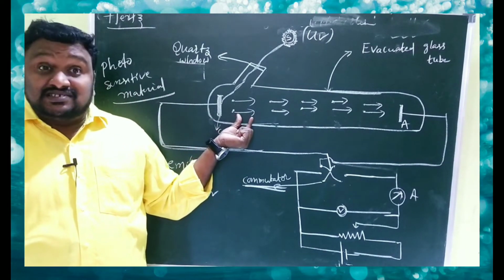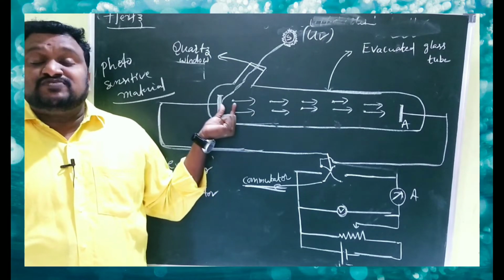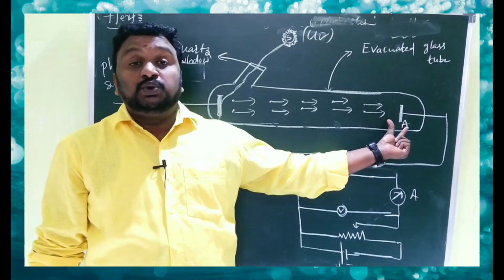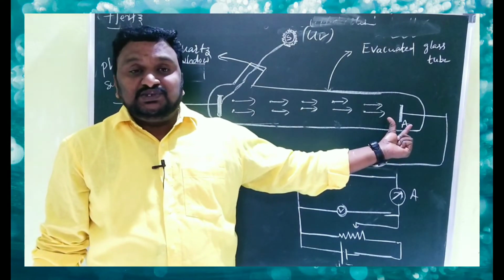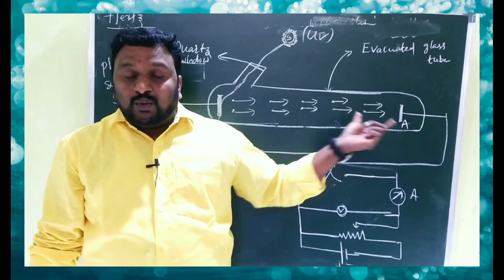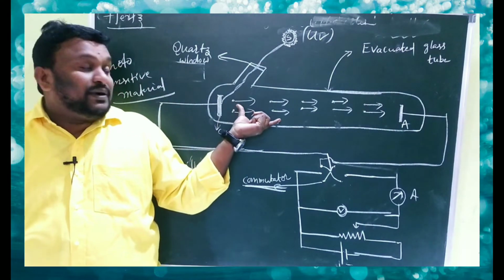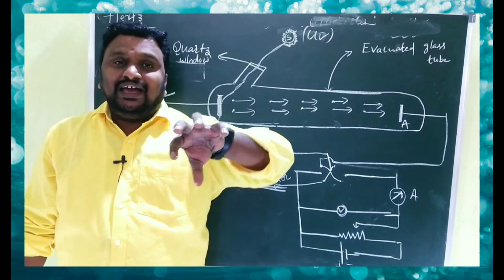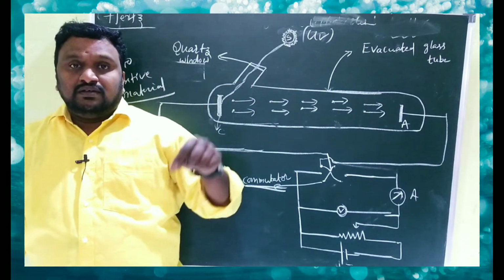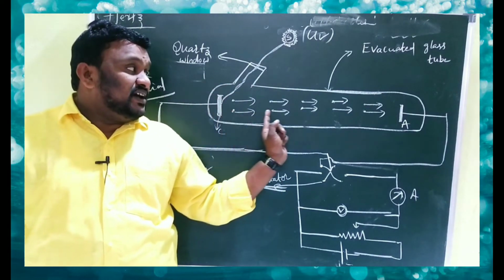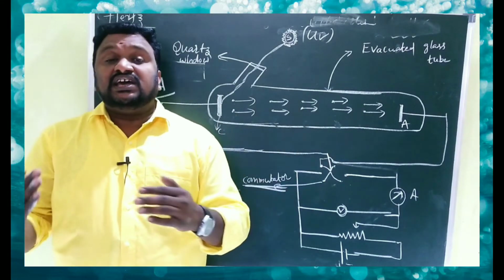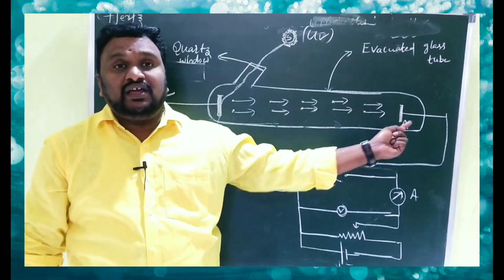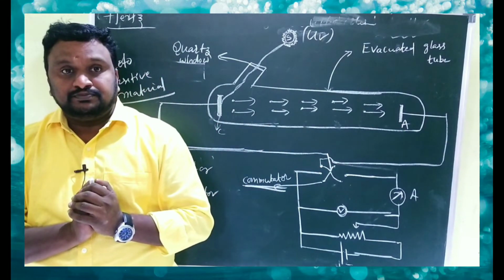So you have to observe one thing clearly. When electrons are released from the emitter, in which direction are they going? Towards A. Why is it going towards A? What is the charge of emitted particles? Negative. We know that because it is a photoelectric emission. That's why the electrons, having negative charge, are moving towards A. It means that the charge of A is positive.